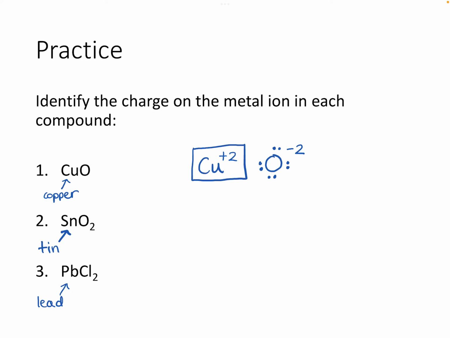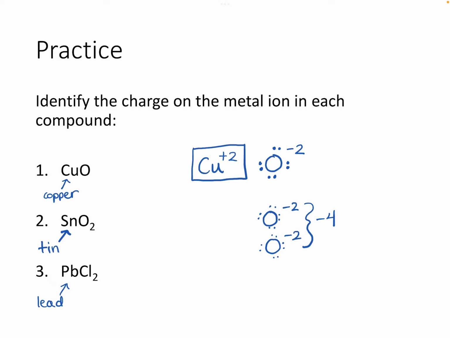All right, let's look at tin. So in this case, tin is bonded to 2 oxide ions. So let's just write that out. We have, oops, that's a little messy, but we've got 1 oxide ion and a second oxide ion. So that gives us a total of -4 coming from those oxide ions.